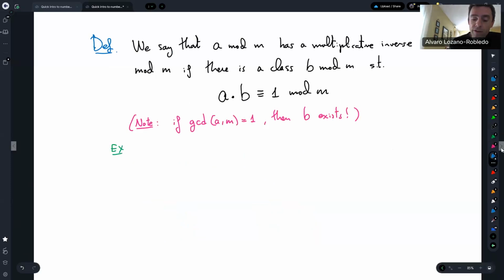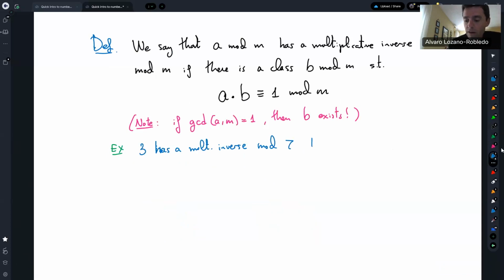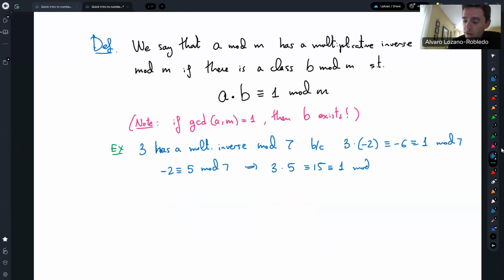So, for example, 3 has a multiplicative inverse modulo 7, because remember, we first found out that 3 times minus 2, that is minus 6, is 1 mod 7. And minus 2 is congruent to 5 modulo 7. So this means that 3 times 5 is 15, which is 1 modulo 7.